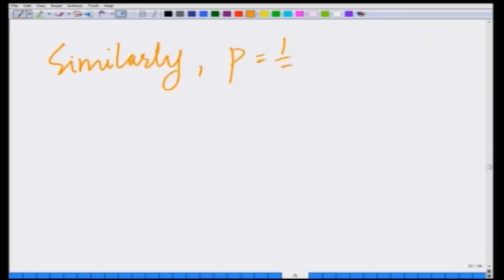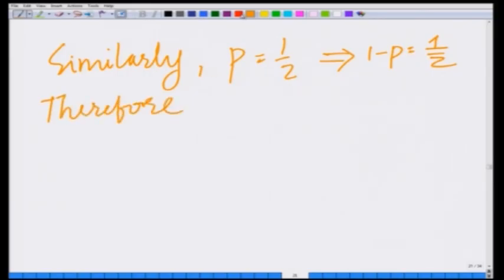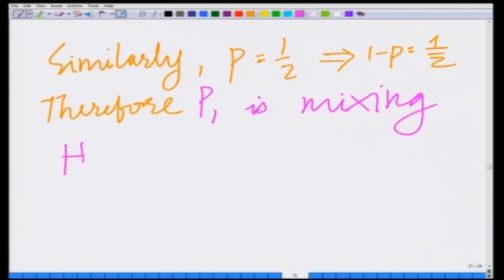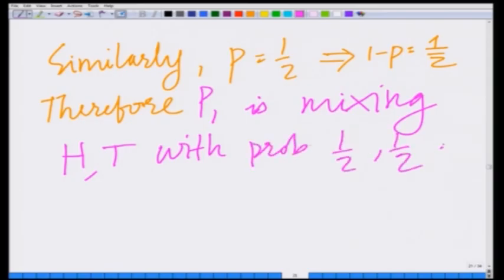Similarly, we have p equals half, which implies 1 minus p equals half. Therefore, P1 is mixing h comma t with probabilities half comma half.